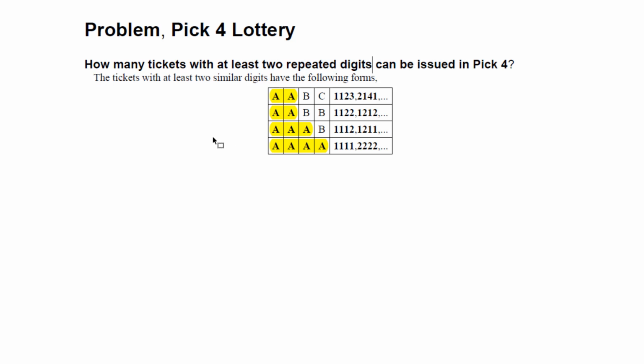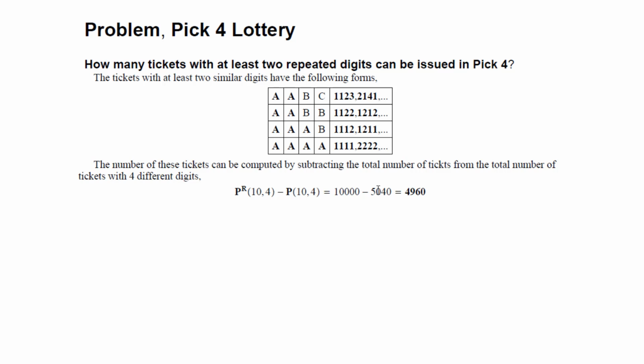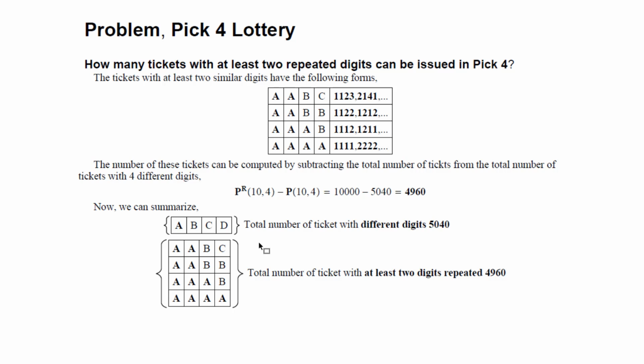So how do you find their number? We subtract the number of tickets with 4 different digits from the total number of possible tickets, and we get 4960. Now we can summarize the result as follows.